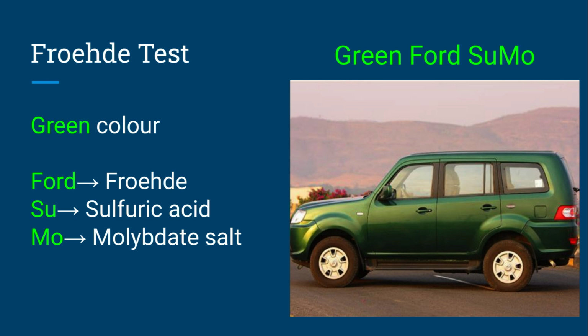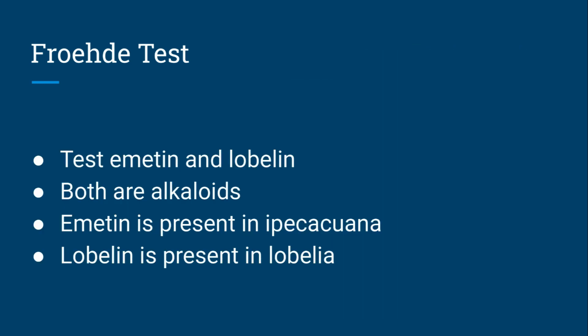Sulfuric acid and molybdate salt are the reagents used for the Froehde test. By the Froehde test, we can identify emetine and lobeline. Both emetine and lobeline are alkaloids. Emetine is present in Ipecacuanha and lobeline is present in Lobelia. Emetine from Ipecacuanha and lobeline from Lobelia can be identified by the Froehde test.